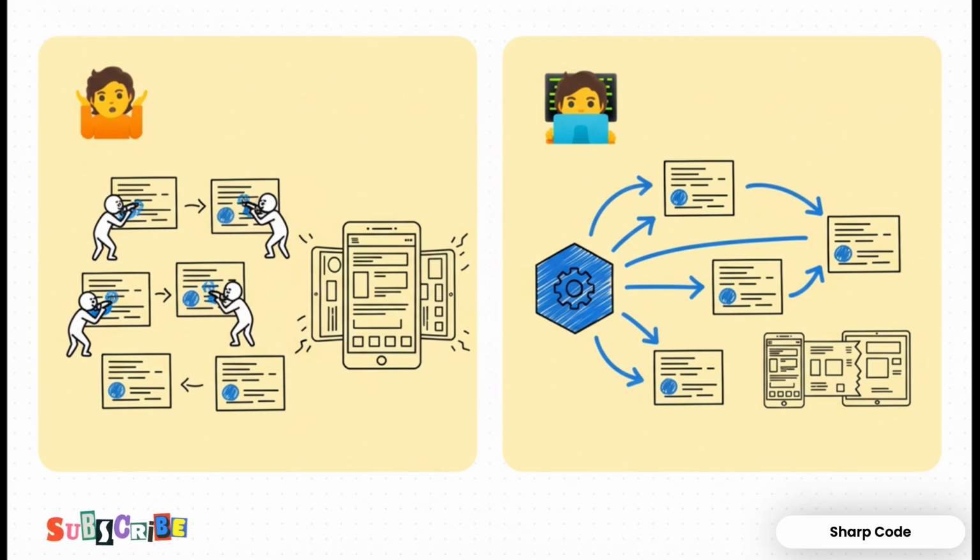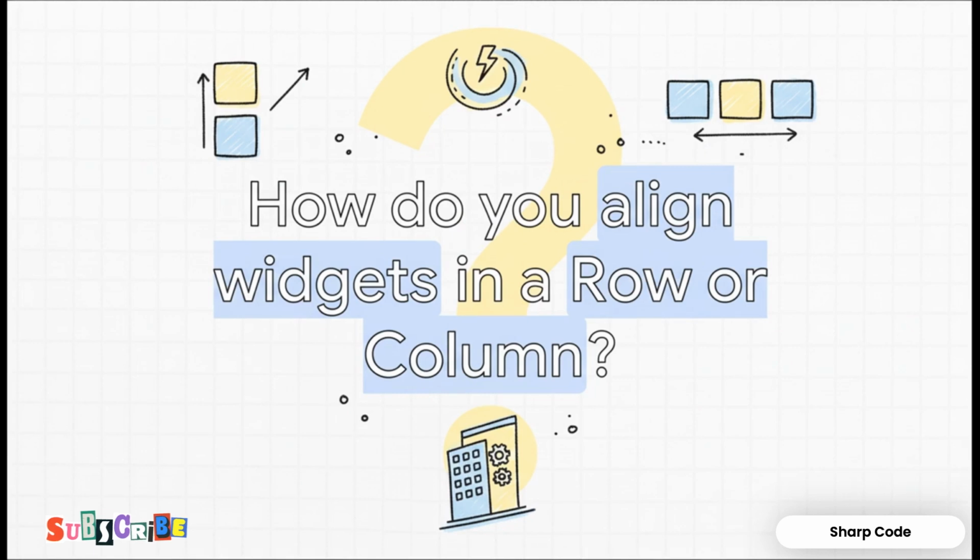That way, if you need to change your brand's color, you change it in one line of code, not 20. Second, only building for one phone size. A pro knows to use Flutter's amazing layout widgets, like Expanded and Flexible, to make their app look fantastic on any screen.